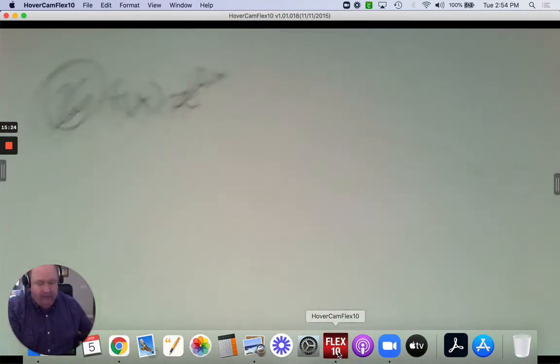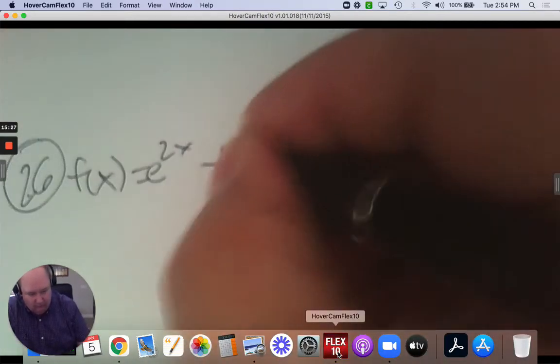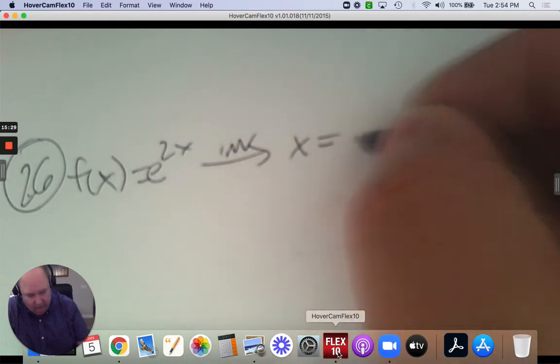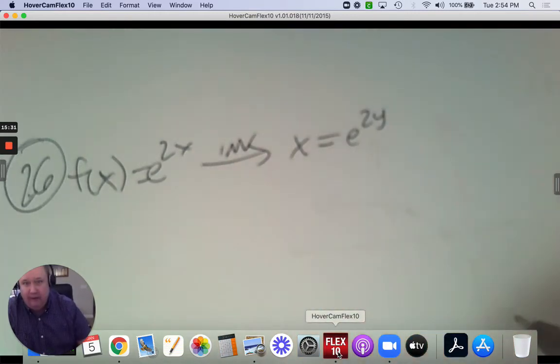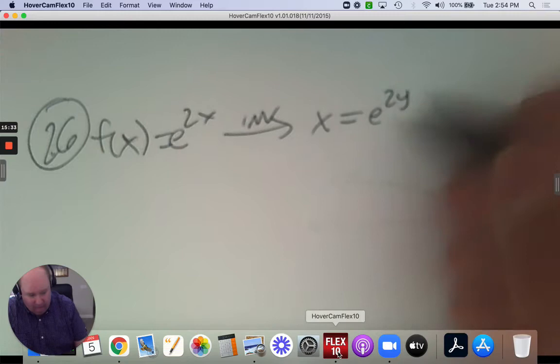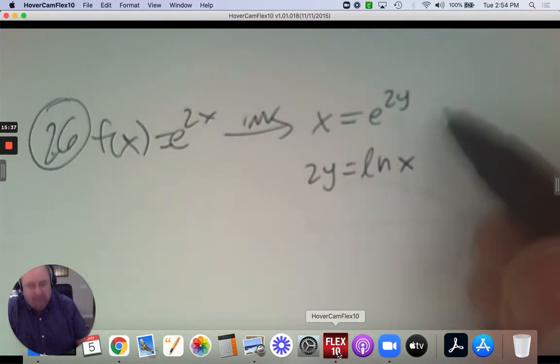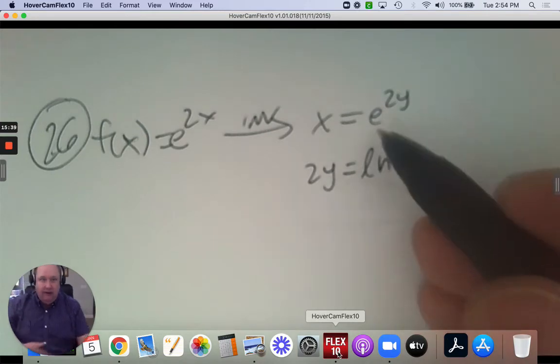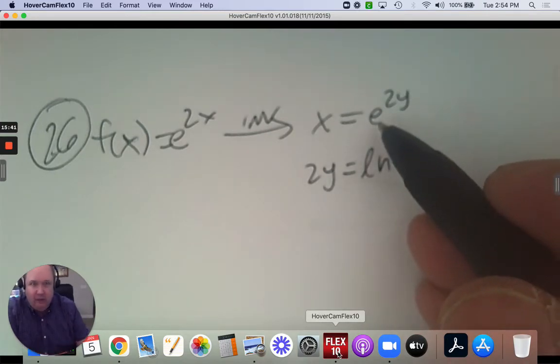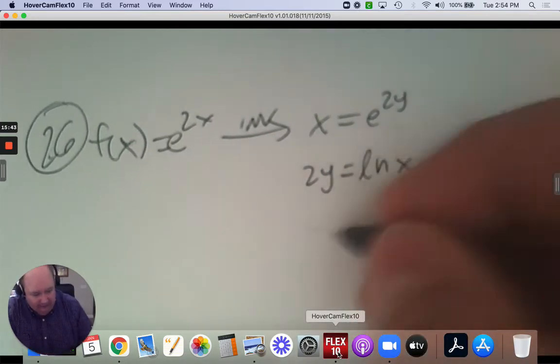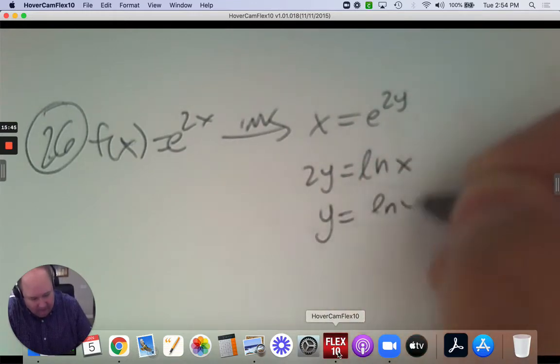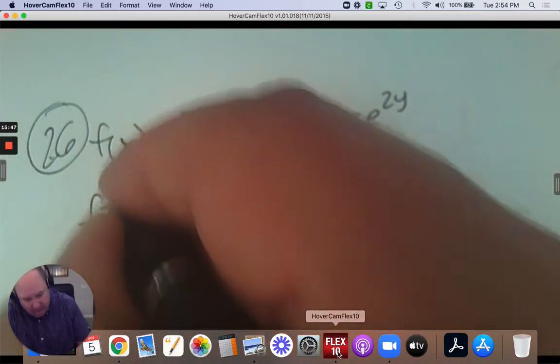To find the inverse, we're going to switch the x and the y around. Then to solve for y, we write this as a logarithm. So 2y is equal to ln, the logarithm base e, of x. To get y by itself, divide by 2.